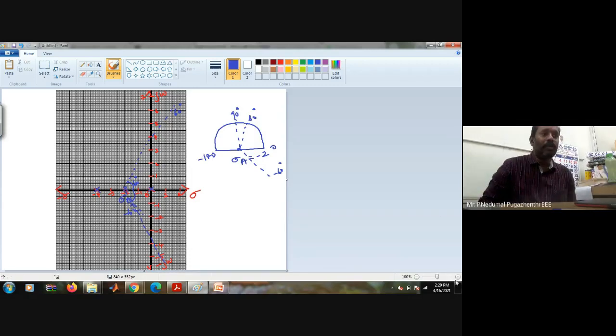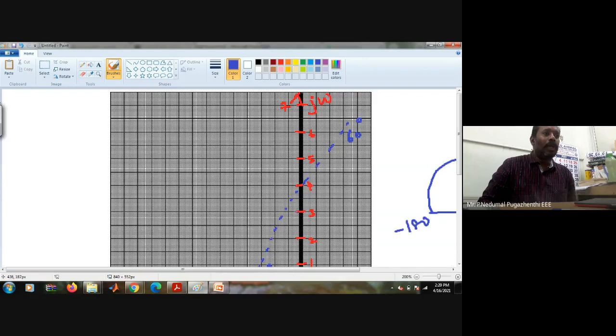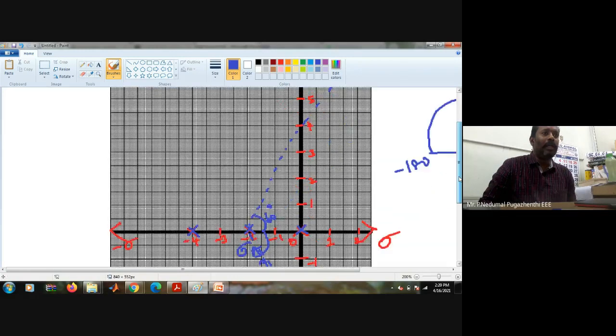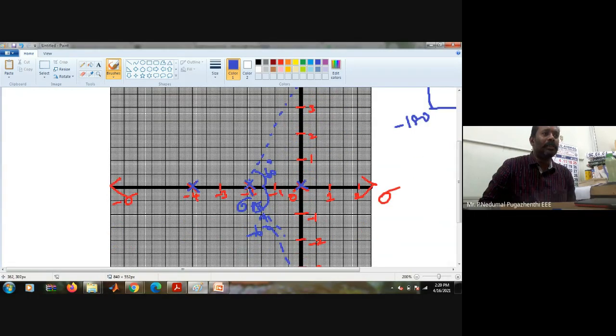Let me zoom in so you'll be able to see that. I have taken minus 2 as the centroid and kept the procircle marked at plus or minus 60 degrees, and the 180 degree line is the real axis. So don't worry about that. We will consider that later.